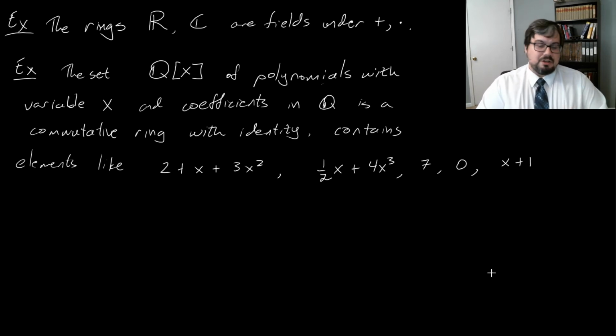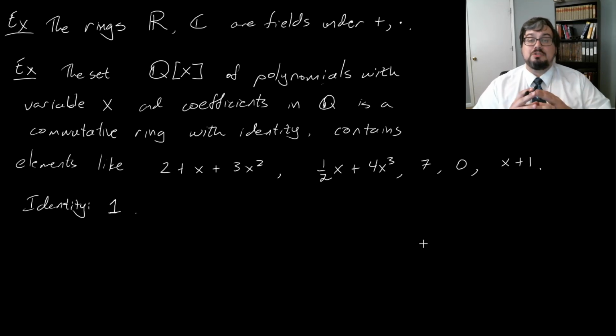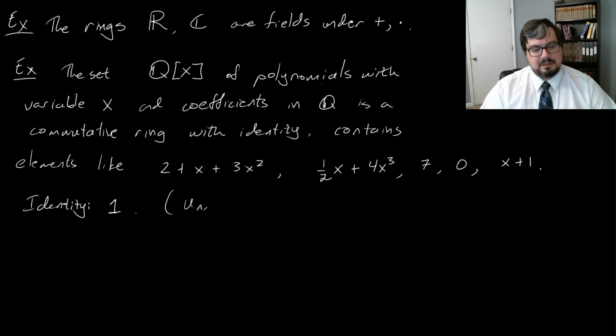So, the set of all polynomials here. And so let's identify the units. This is a ring with identity, where the identity polynomial is 1. We're operating under standard polynomial addition and multiplication. I should specify that.